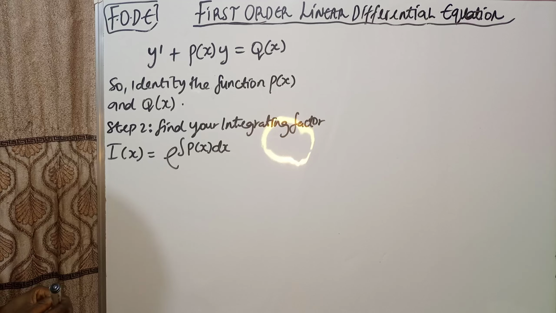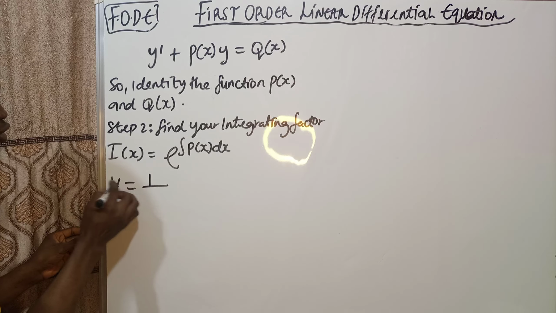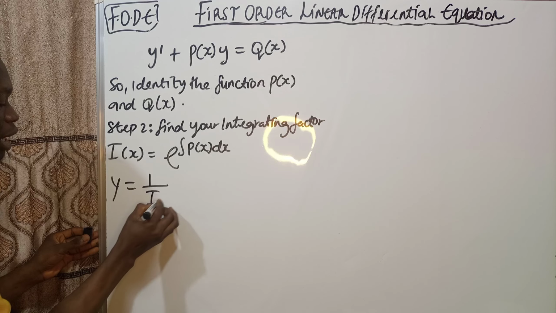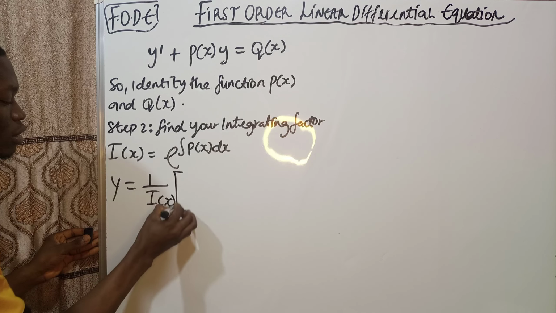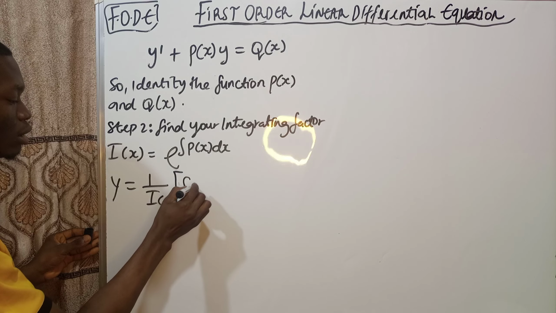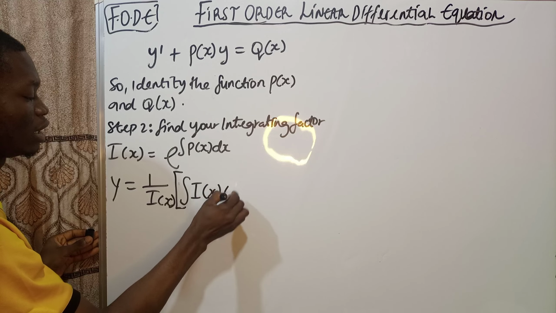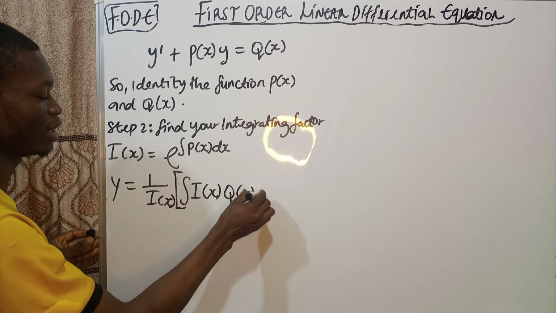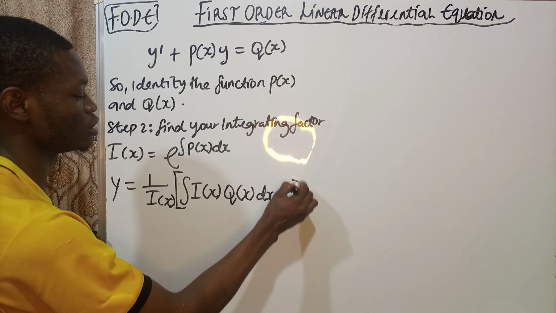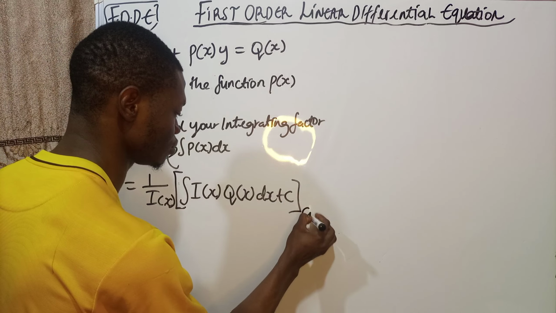After finding your integrating factor, you write your general solution. The general solution is y is equal to 1 over our integrating factor times the indefinite integral of our integrating factor times q of x dx, plus c, our arbitrary constant. So this is the general solution.